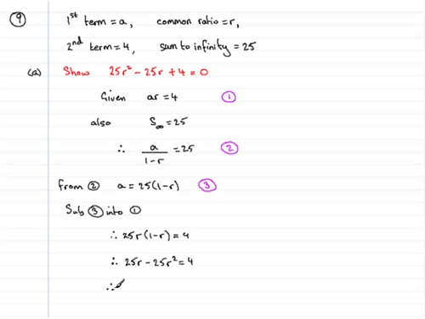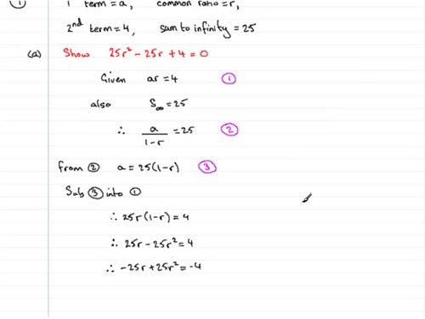So if I do that, I'm going to get minus 25r plus 25r squared will equal minus 4. And then if I add 4 to both sides and just rearrange, I'm going to get 25r squared minus 25r plus 4 equals 0. Okay, and that proves our result.